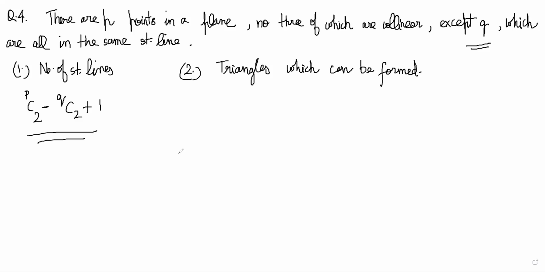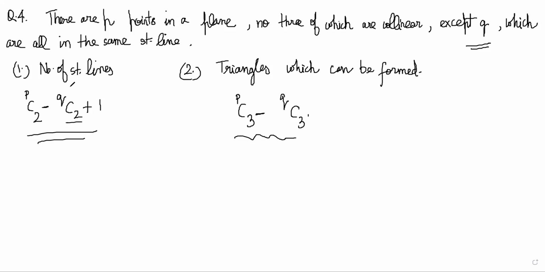And second one will be PC3 minus QC3, because the collinear points can't form a triangle. This contributes at least one line, because there are q points, so they'll at least form one straight line.